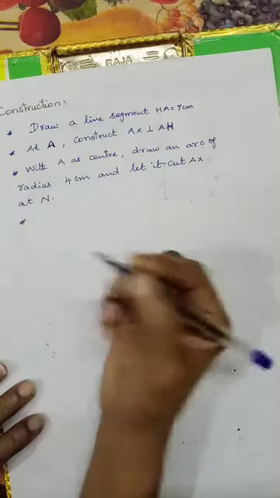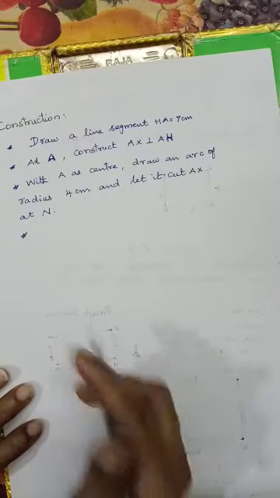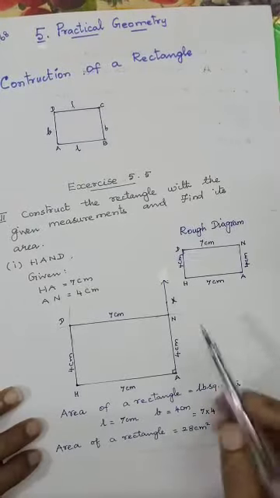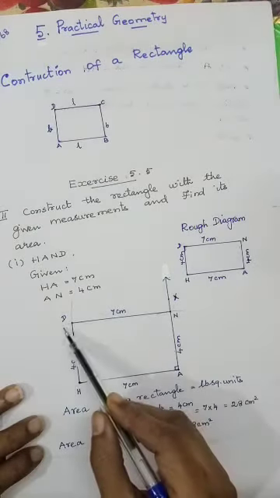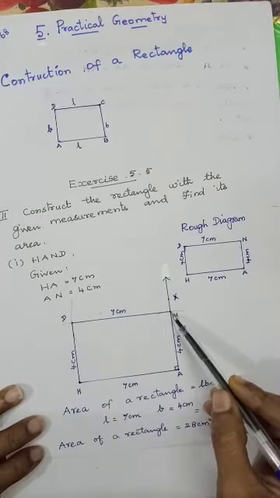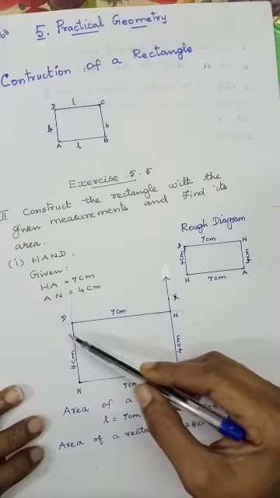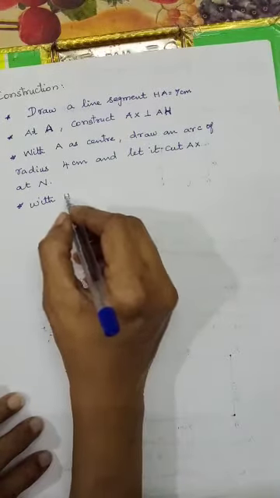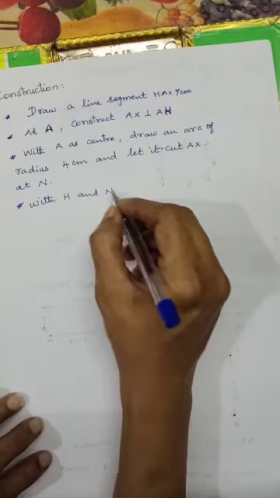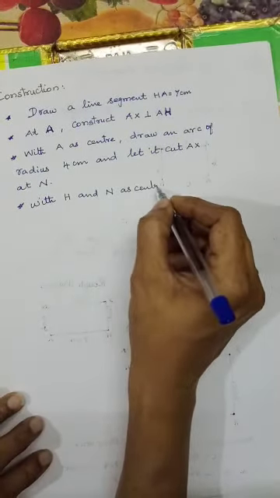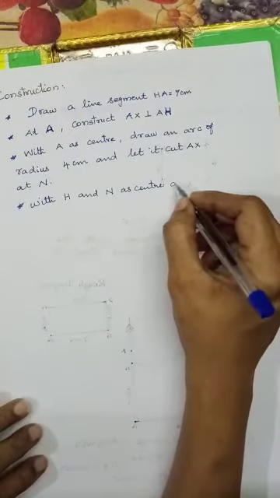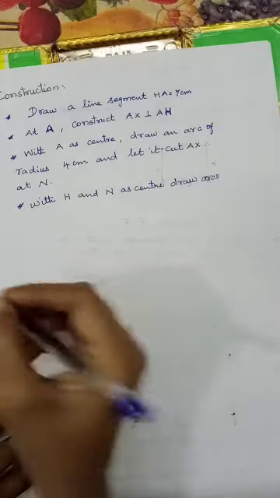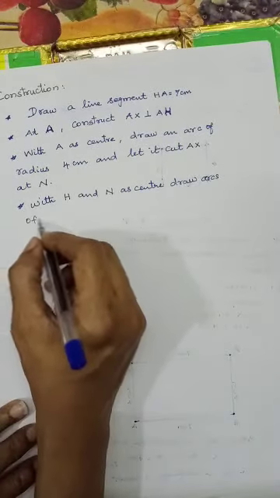Fourth point, with H as center you are drawing one arc, with N as center you are drawing another arc, isn't it? 2 arcs you are drawing. So with H and N as center, draw arcs of radii.